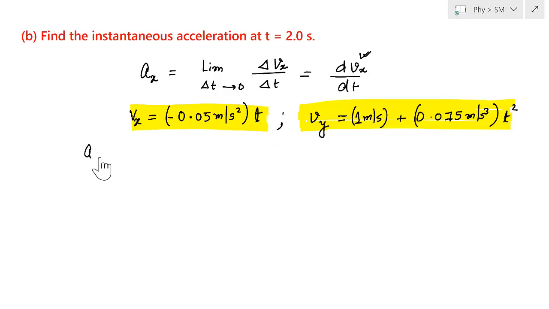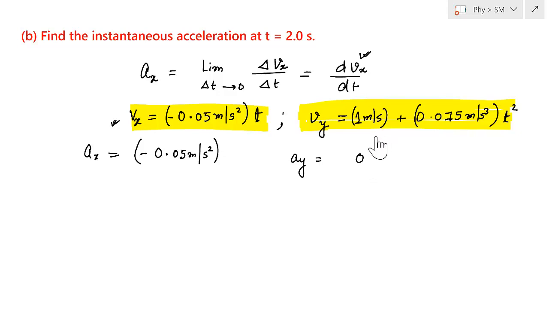So let us calculate Ax. I have to simply differentiate this term. So this will be minus 0.05 meter per second square, and differentiation of t is simply 1. So this will be the x component of acceleration. Now if I differentiate vy with respect to time, I will get ay.